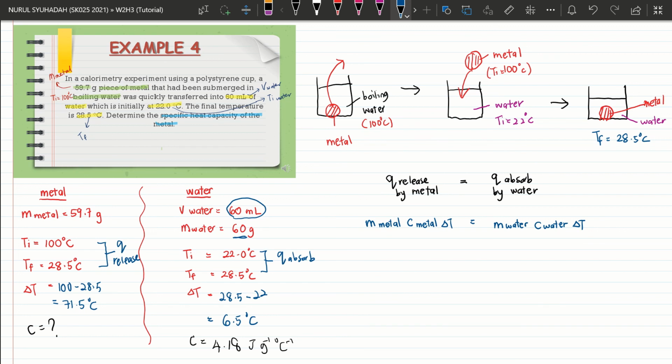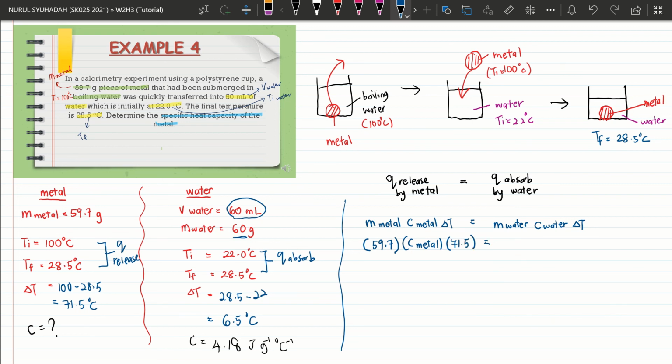Substitute all the information that we have. The mass of metal is 59.7 grams, and then the specific heat capacity of metal, the one that we want to find, and the change in temperature for the metal is 71.5.